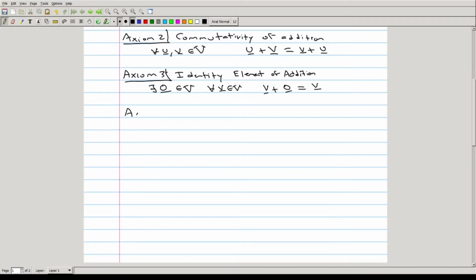Axiom 4 is the inverse element axiom for addition.